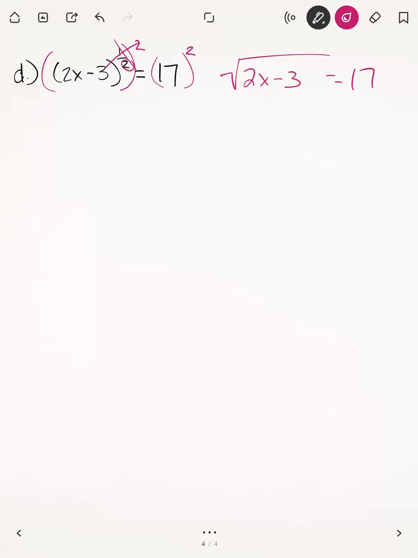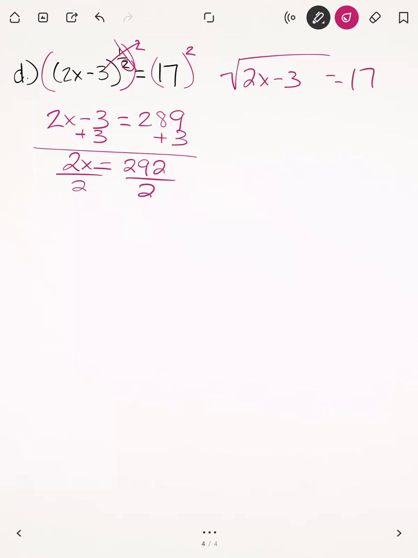The exponents cancel each other out. We're left with 2x minus 3. 17 squared is 289. I solve for x. So I add 3 to both sides. I get 2x equals 292. I divide by 2 on both sides. I get 146 for x.